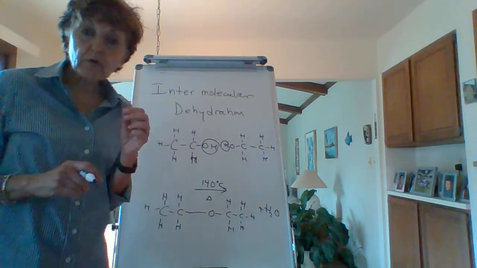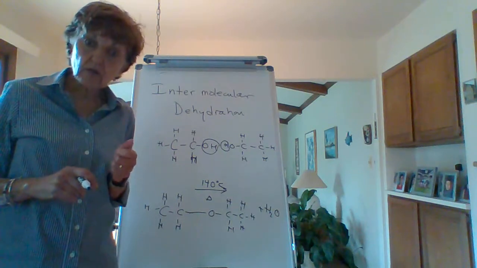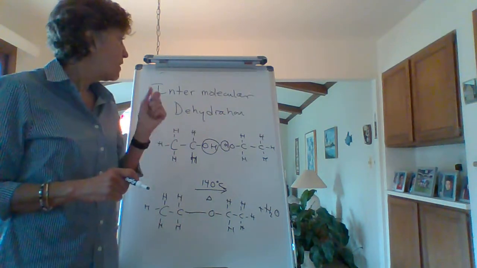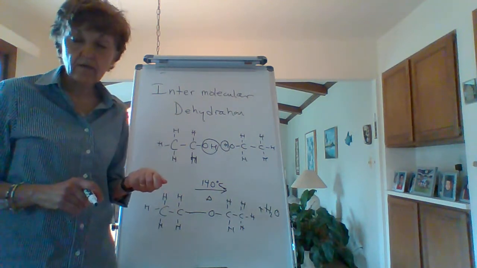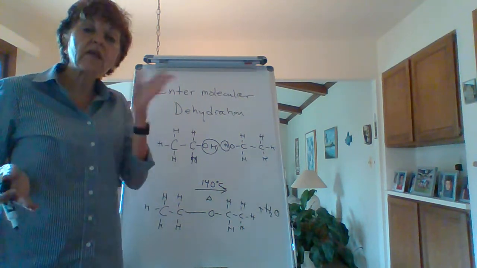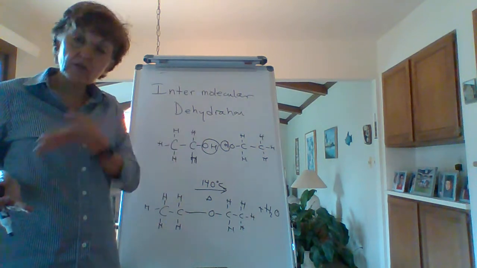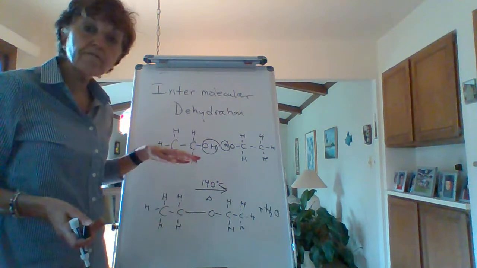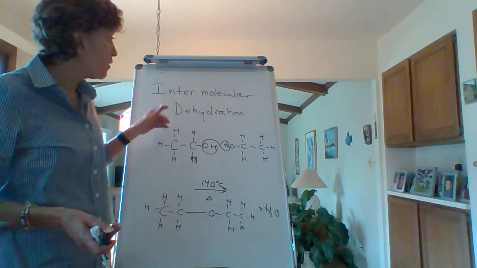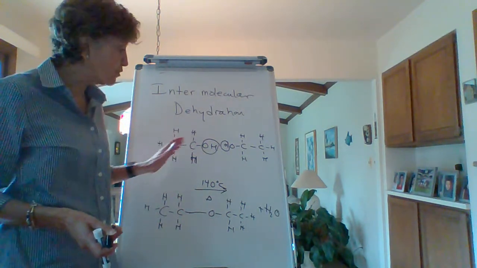So with primary alcohols, at 180 degrees, you form intramolecular dehydration and you create an alkene. You take an OH and then the H from the carbon next to the carbon with the OH. With primary alcohols and 140 degrees Celsius, you have intermolecular dehydration.